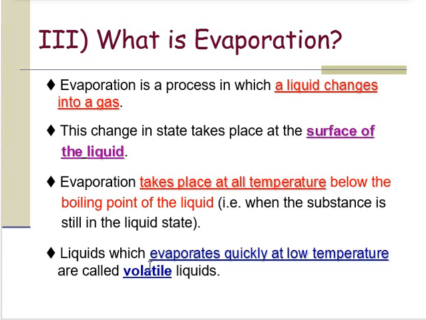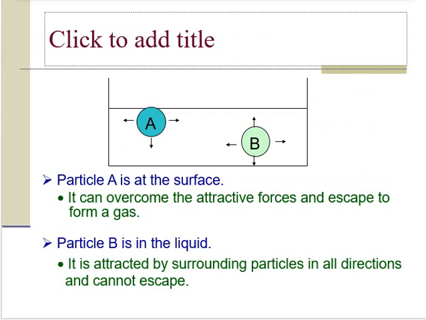And evaporation takes place at all temperatures below the boiling point of the liquid. It does not take place at the boiling point of the liquid. And liquids which evaporate quickly at very low temperatures, we call them volatile liquids.